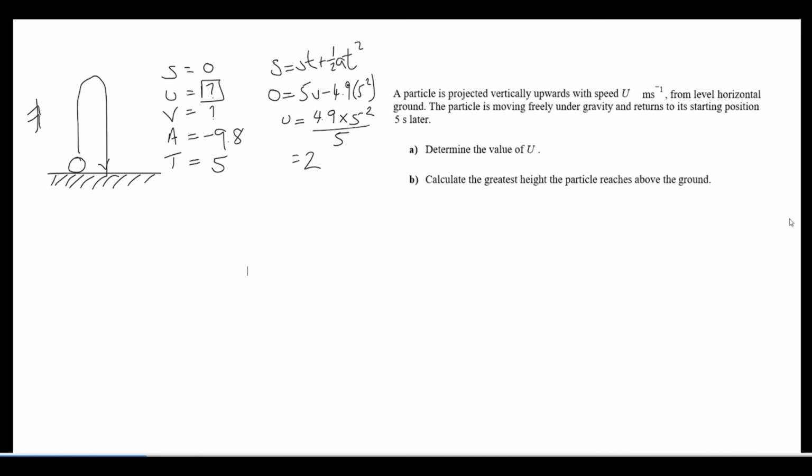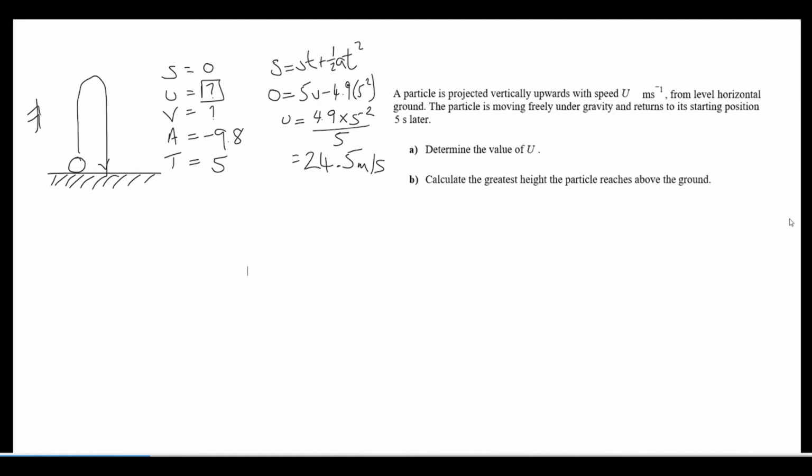I don't even need to multiply the 5 squared to get 25. I can just cancel these out. 4.9 times 5, I can do that in my head, 24.5. So the initial velocity, 24.5 meters per second.